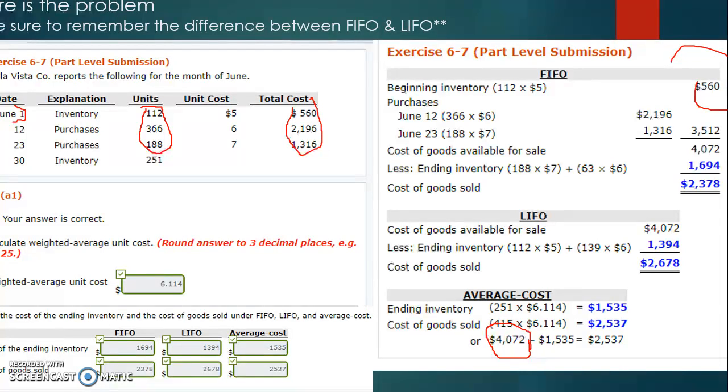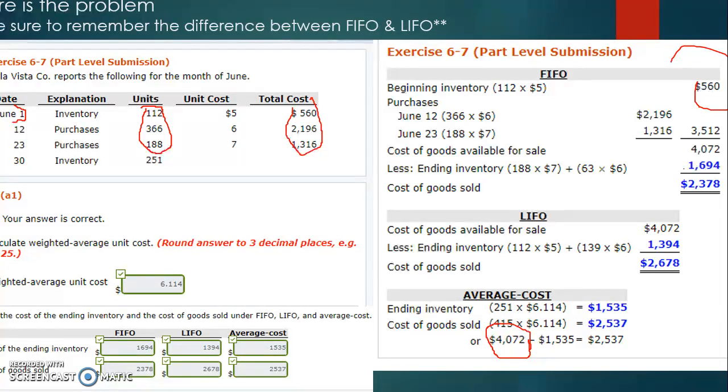If we take the ending inventory and subtract its amount from this, that gives us the total cost of goods sold.